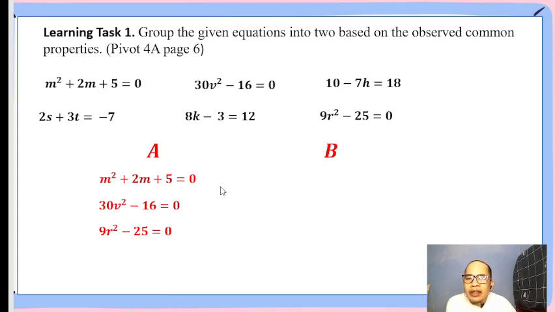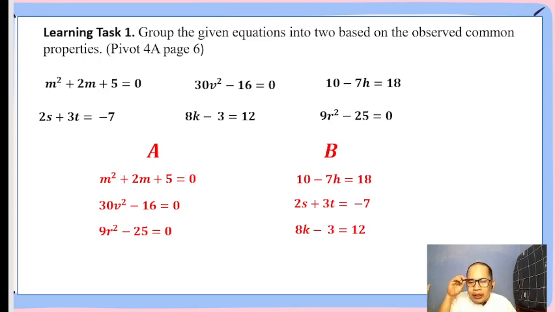Okay, so ang natirang equation naman, i-group natin sa B. So we have here 10 minus 7h equals 18, then 2s plus 3t equals negative 7, then we have also 8k minus 3 equals 12. So, ano naman ang common sa properties ng ating group B?